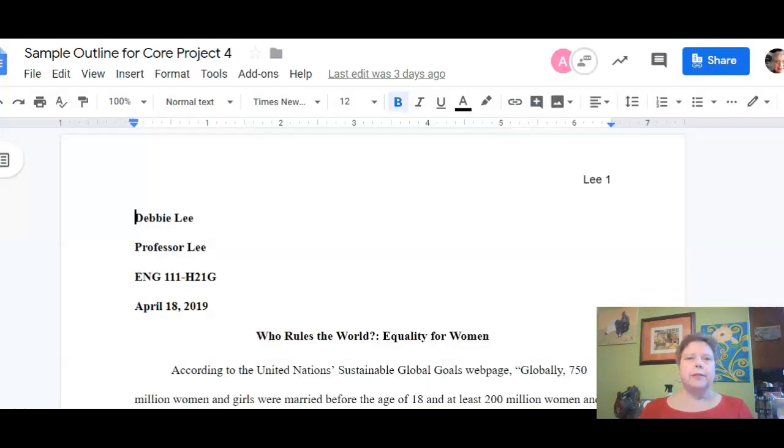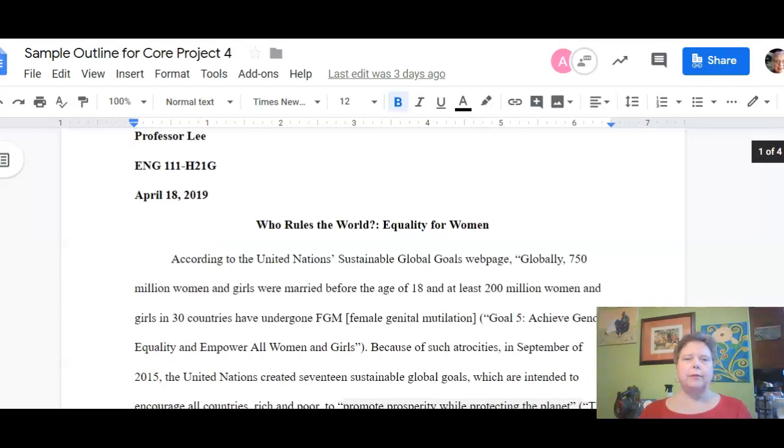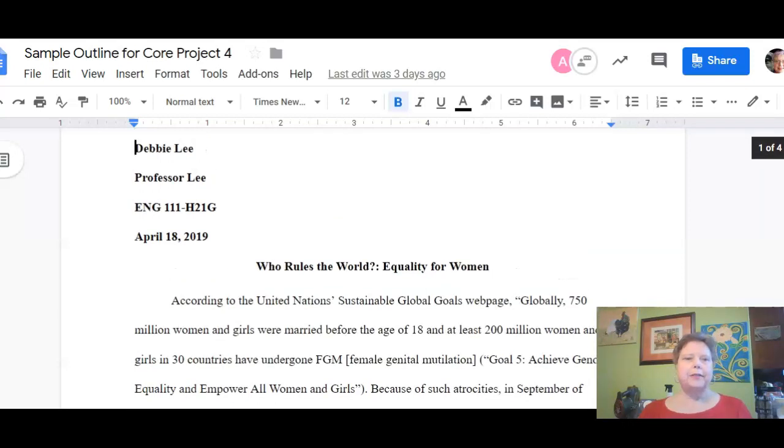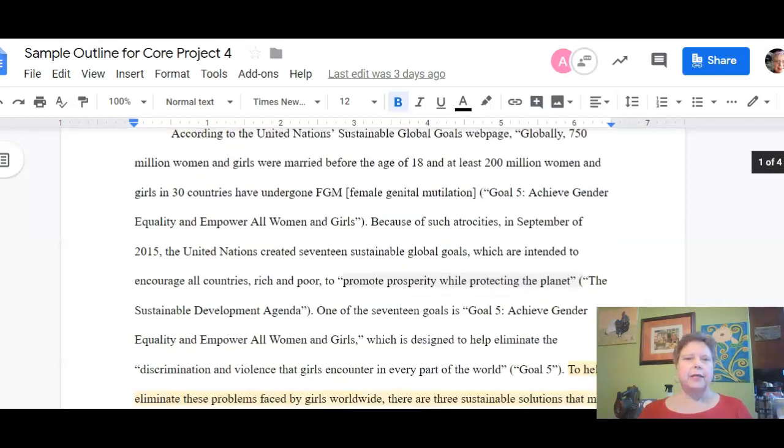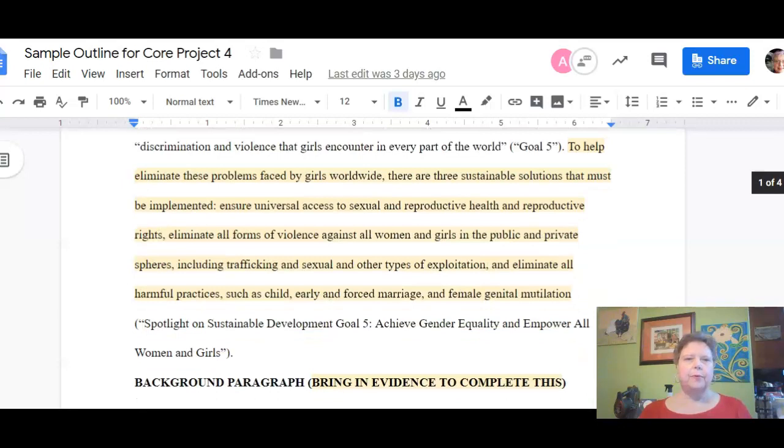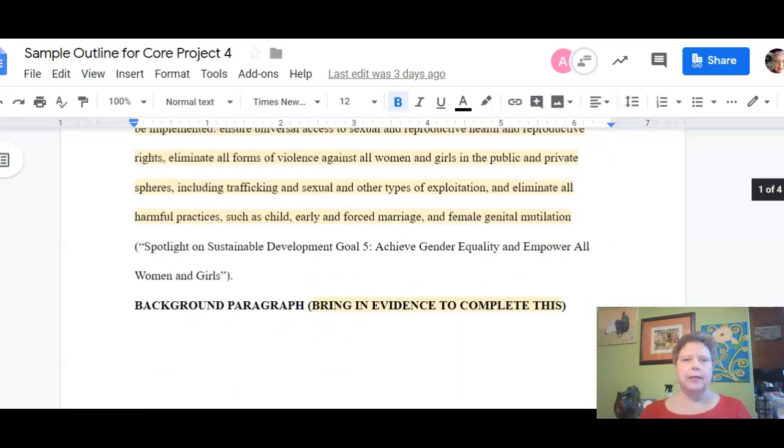Let's go back to the sample outline organizational document. So here I changed my title up, Who Rules the World? Equality for Women. And so here's the same introduction paragraph we've looked at before with the thesis statement.